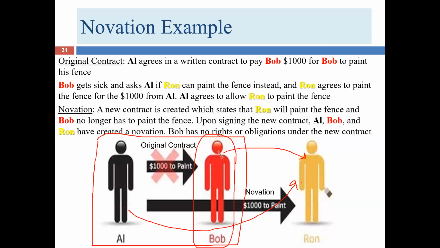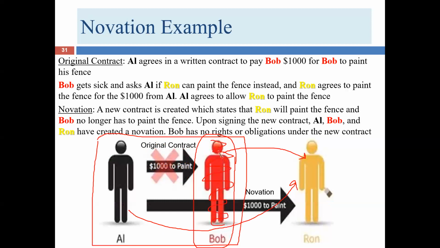Now, if there had been a novation, Bob couldn't be sued because remember, that makes the original contract go away. But in this scenario, the original contract is still in force. So the two big differences between a novation and a delegation are that in a novation, a party to the contract who is dropping out doesn't have any continuing obligations under the new contract.